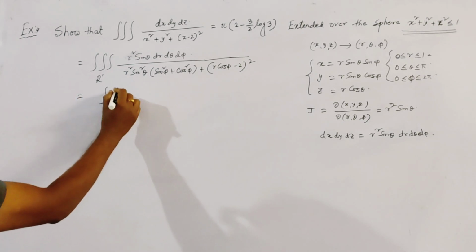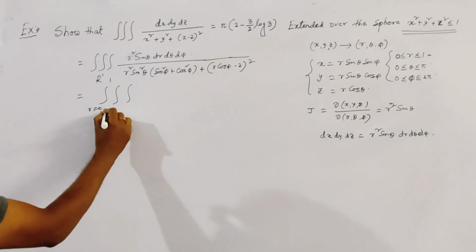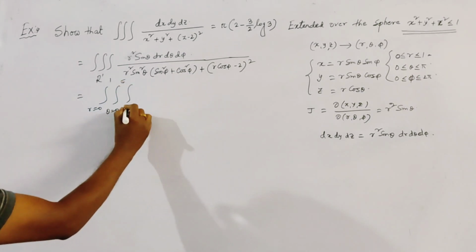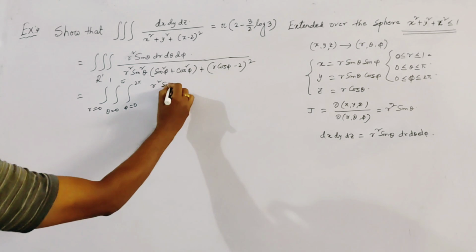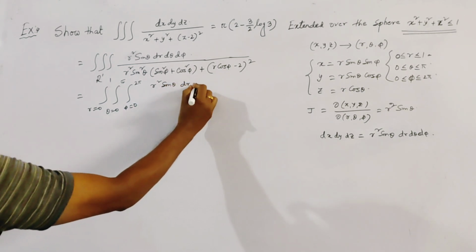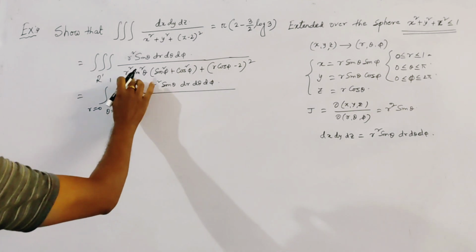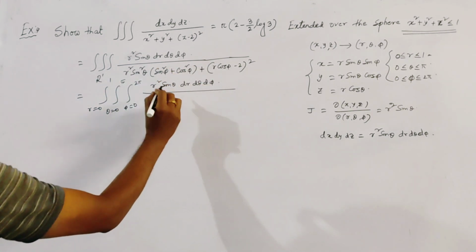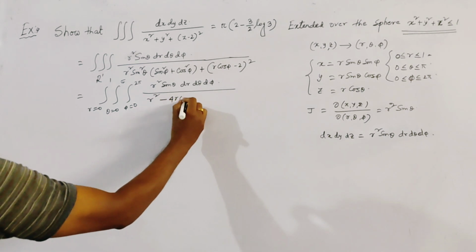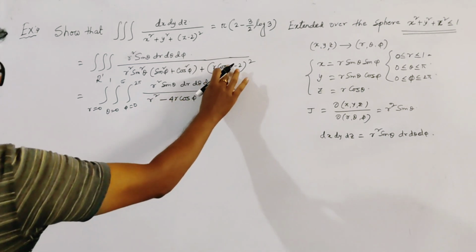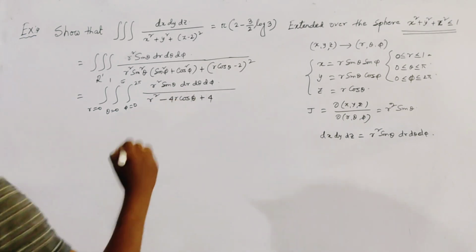So we write r from 0 to 1, theta from 0 to pi, phi from 0 to 2 pi, of r square sin theta dr d theta d phi, by r square minus 4r cos theta plus 4.